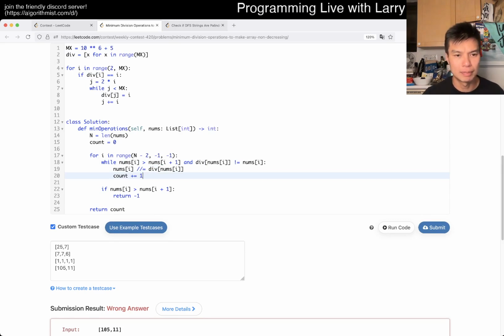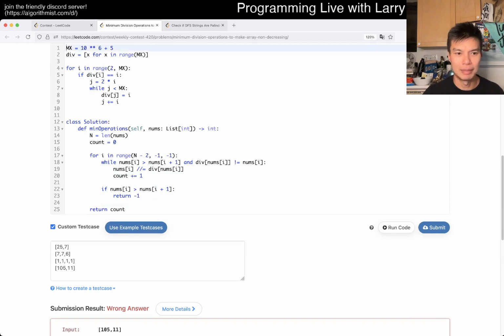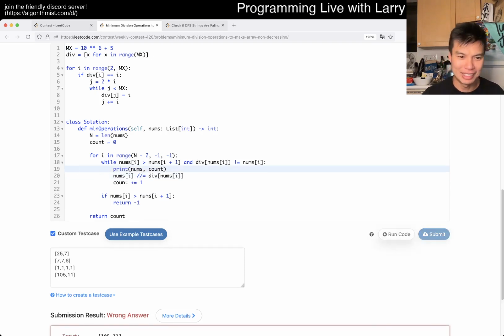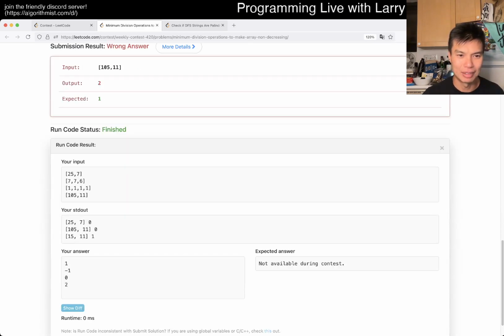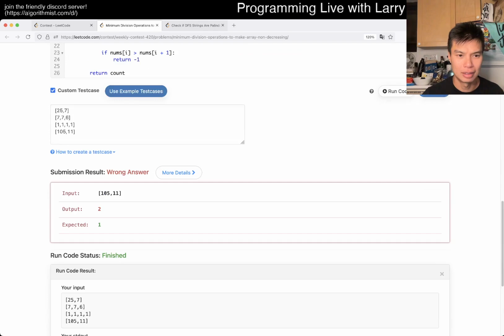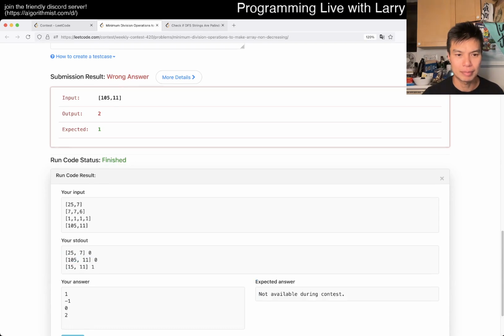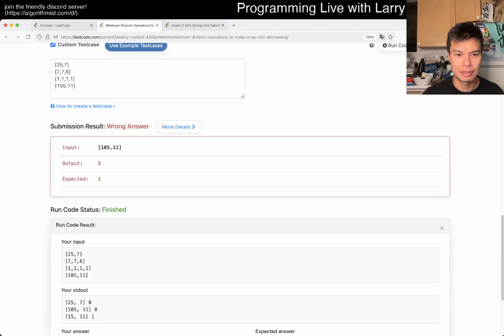Why? What? Why am I so bad at this? This should be done. This is a silly mistake somewhere. How is this 15? Oh, no. Okay, so count 1. Then 15, 11.